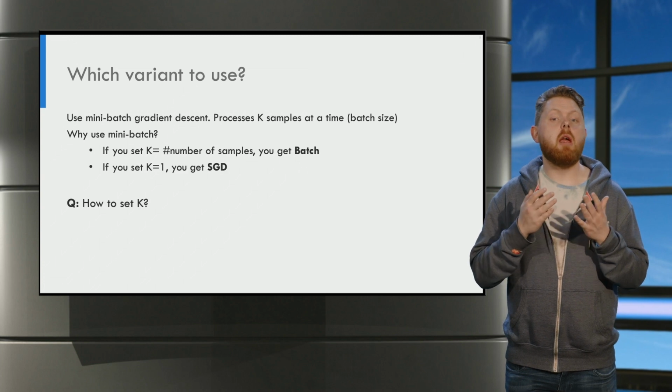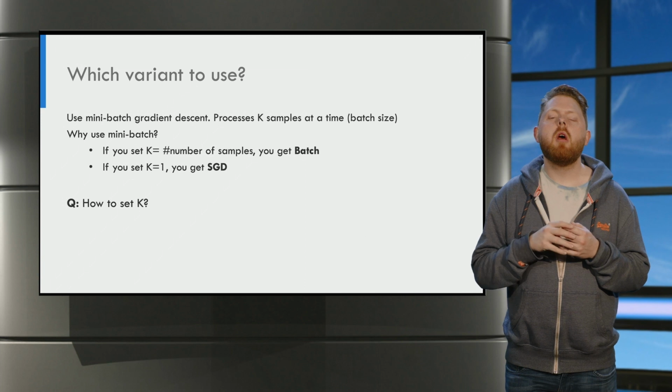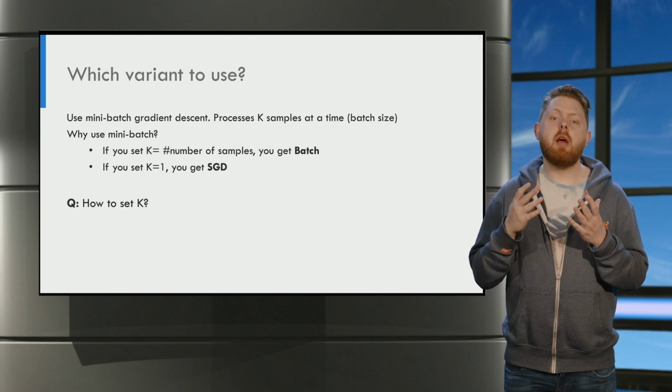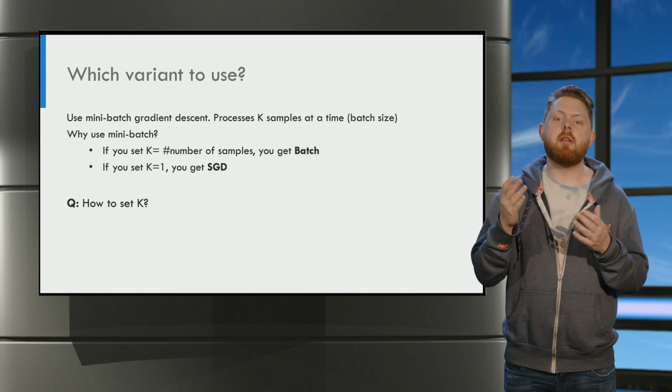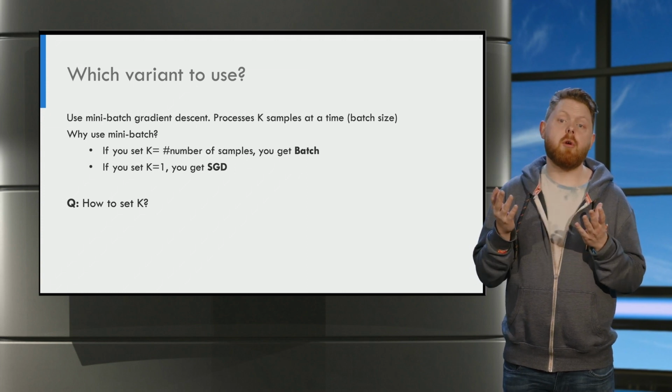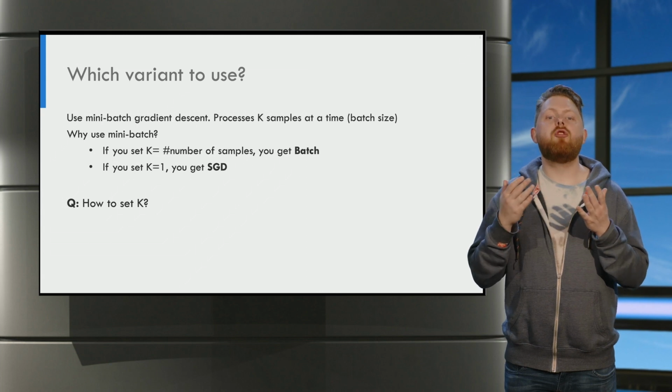If we set k equal to 1, we get the SGD algorithm. So SGD and batch are special cases of mini batch gradient descent. Therefore, we can always use mini batch. It is the most general method.